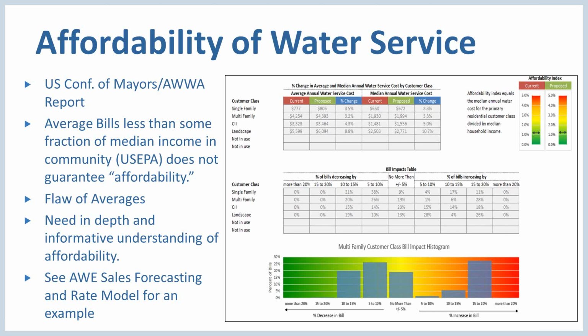So if you just look at a community-wide average, there's a flaw of averages there. So you need a more in-depth understanding of how it affects different customer classes and even individual customers within a customer class. We have a screenshot from the AWE water sales and forecasting model to the right that provides some metrics on this. Next slide.